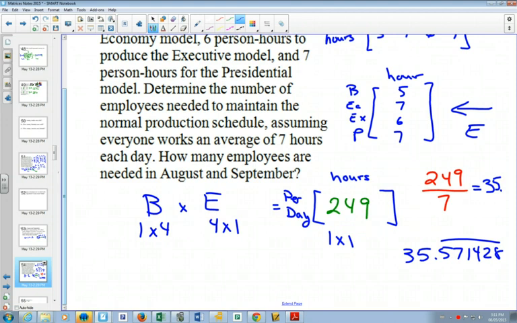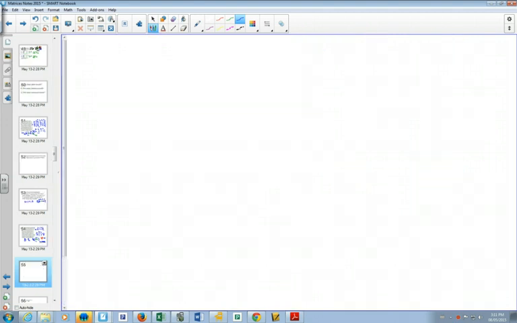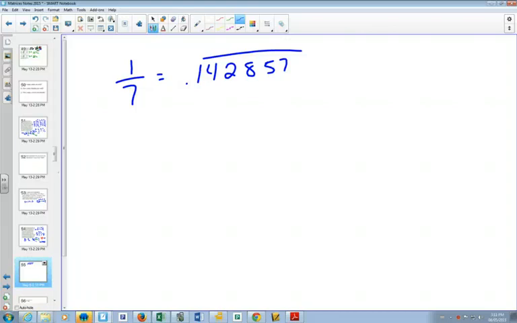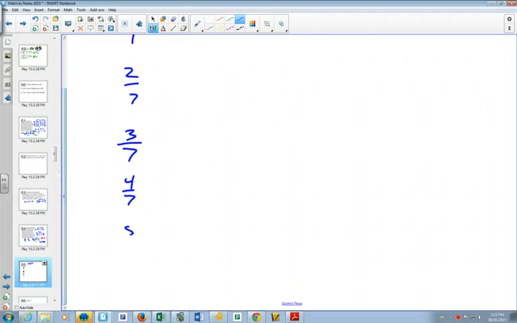Okay? And then 1/7 is my favorite one. 0.142857 repeated. The very interesting thing about 1/7 is that if you know 1/7, you know 2/7, 3/7, 4/7, 5/7, 6/7. The only one you don't know is 7/7.